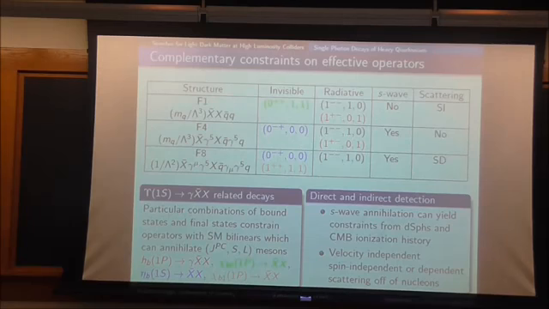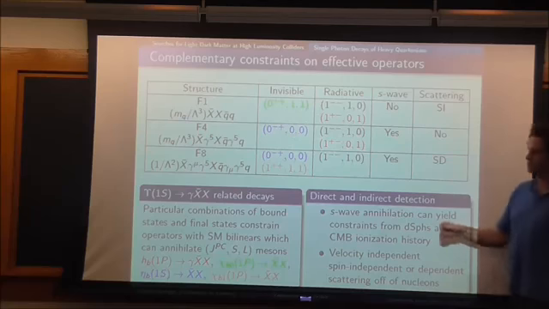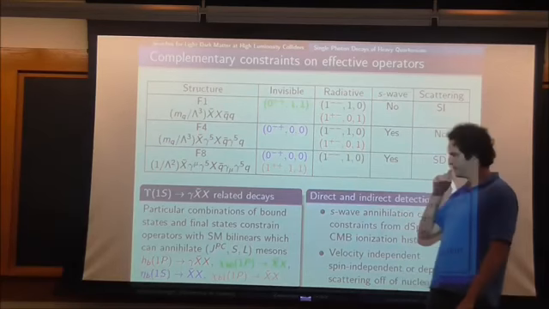A little bit more detail on that idea is this table. On the right, you have what I mentioned before, and I just picked a few examples of relevant operators. F1 and F8 are typically what you have in the MSSM for spin independent and spin dependent scattering. F4 would be your pseudoscalar Higgs exchange.